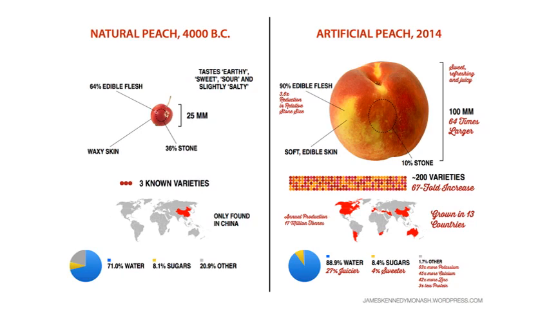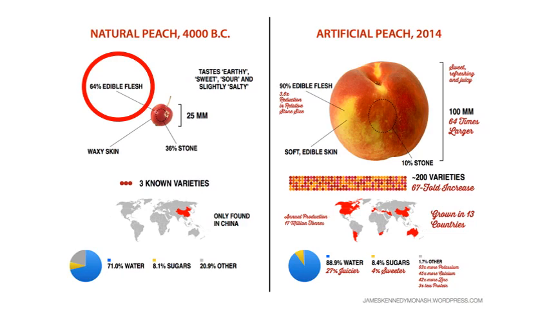It tastes earthy, sweet, sour, slightly salty. I'm not sure I'd be going to the Winona Peach Festival for peaches that looked like that. And if we look at what's available there as a payoff, it's got a waxy skin, 36% of it stone, 64% edible flesh out of 25 millimeters.